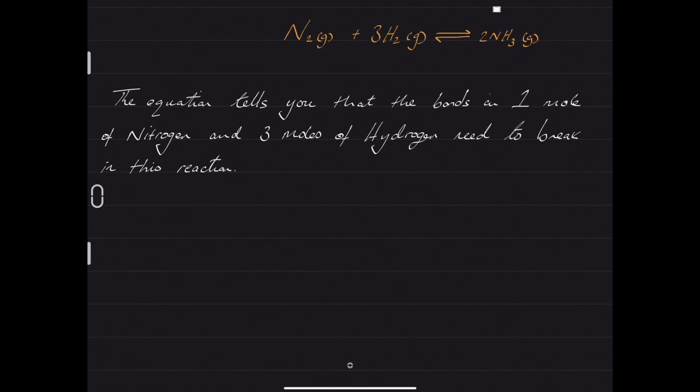Because we're going for a forward reaction to produce ammonia, from our reactant side we need to break 1 mole of nitrogen bonds and 3 moles of hydrogen bonds first, because you need to break the bonds and then form bonds to form your new product, ammonia.